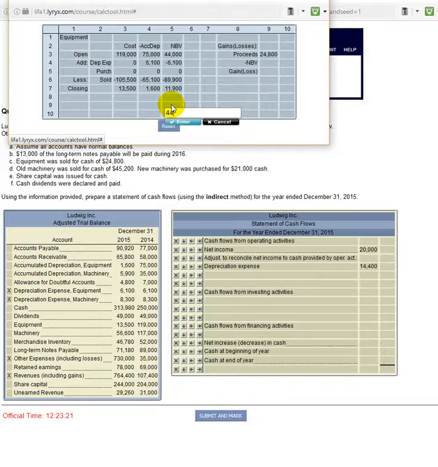So if we take 44,000 minus 6,100 minus 89,900, that gives us the wrong number.